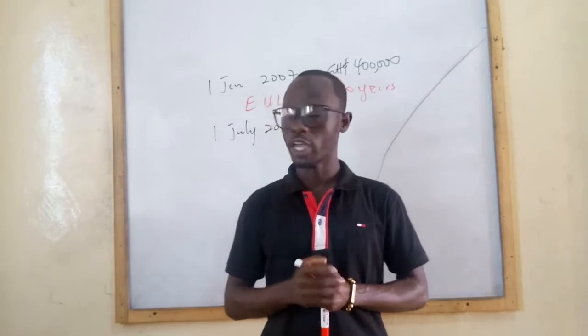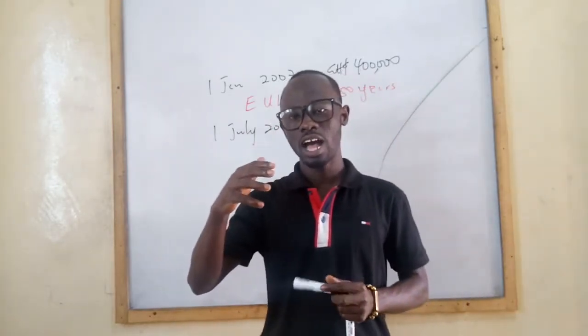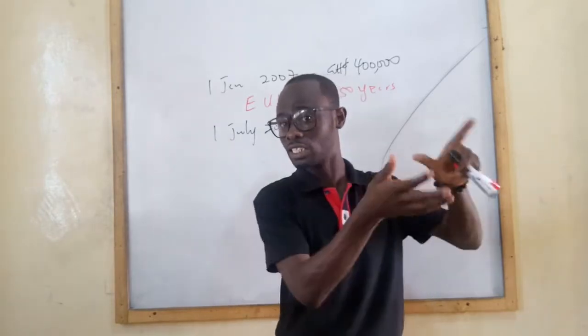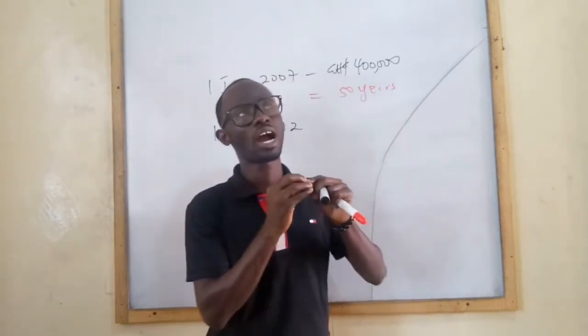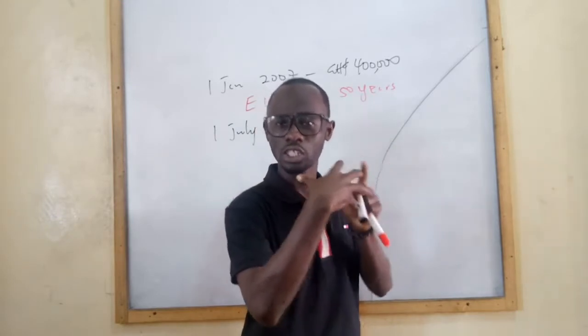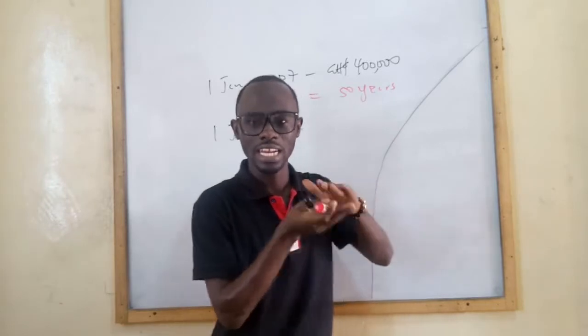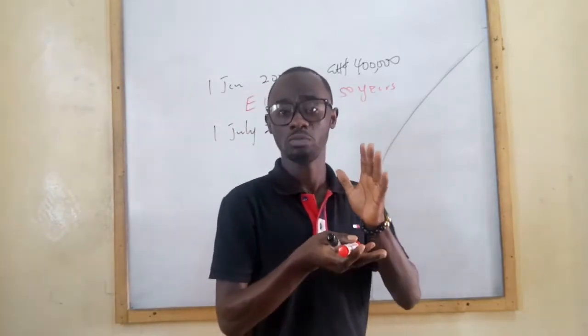So we have to ask ourselves, how many years has the asset been used for business purposes, so that we can calculate the total depreciation and get a carrying value as at the date of conversion.